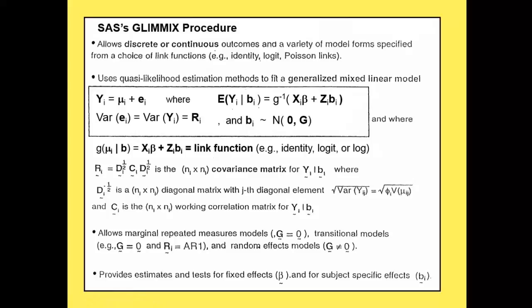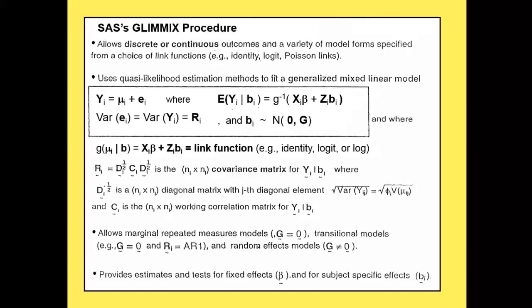The main way that it's tricky is that the formula for the variance covariance matrix that worked for the linear model, the ZGZ prime plus R formula, doesn't work for GLIMMIX because it's a nonlinear model.